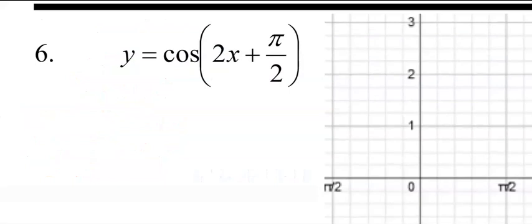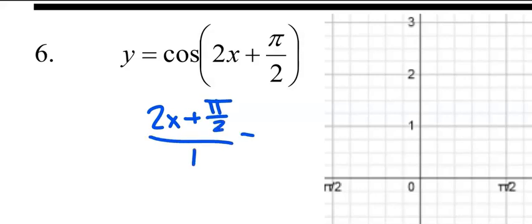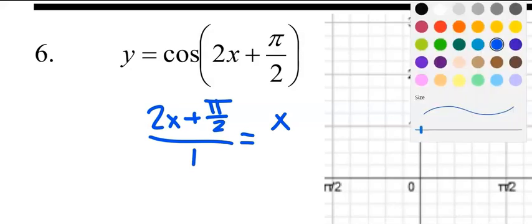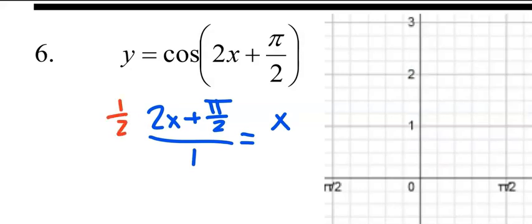We can tell there's no change in the vertical because nothing's outside the cosine function. Okay, everything is inside with the horizontal. It's not in fireproof form. What are you going to multiply this by to the top and bottom to get it equal to 1x? 1/2 would be an excellent selection.